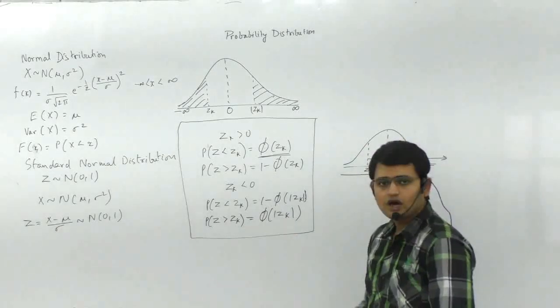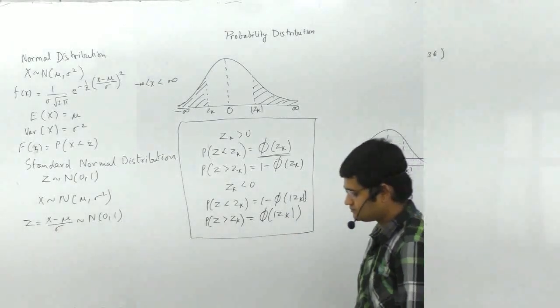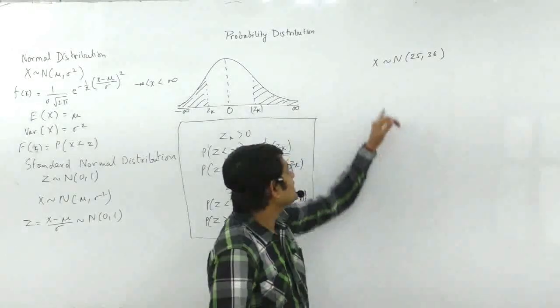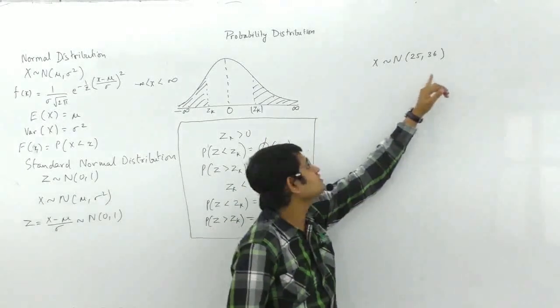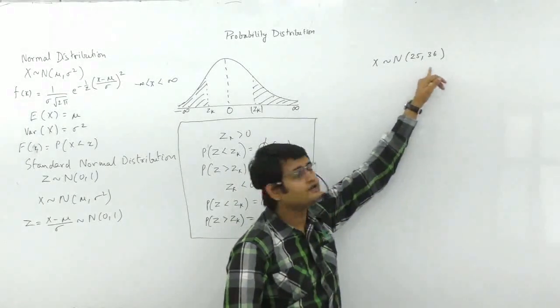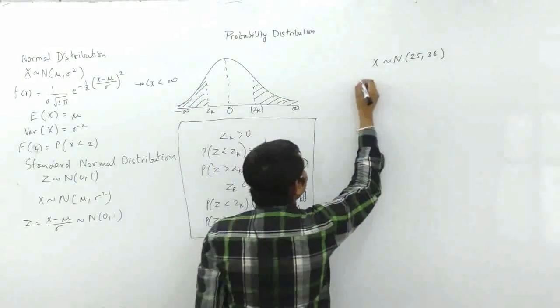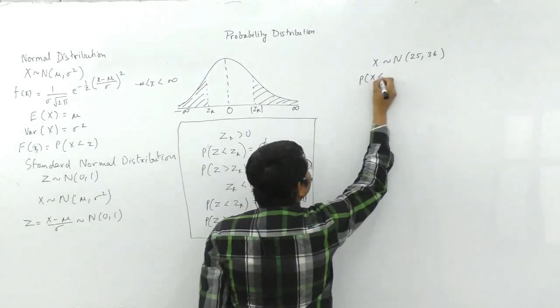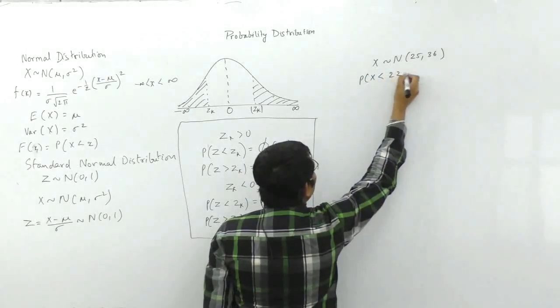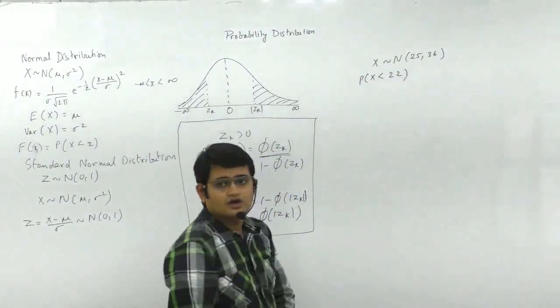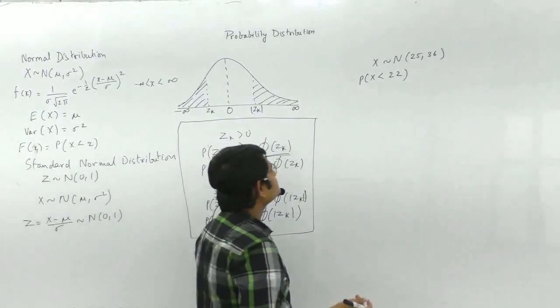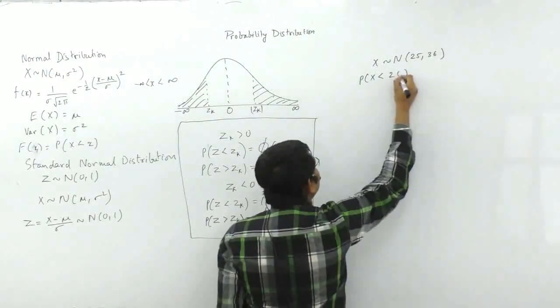Now let's do a particular sum. Let's take an example that x follows a normal distribution with mean 25 and variance 36. Now let's find the probability x less than 22, or let's say x less than 20.